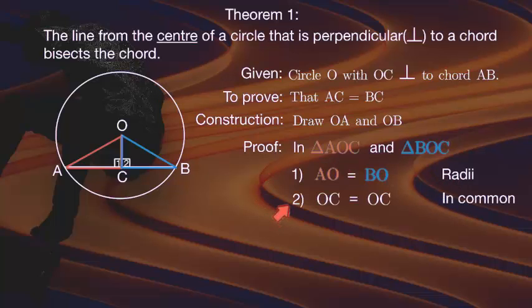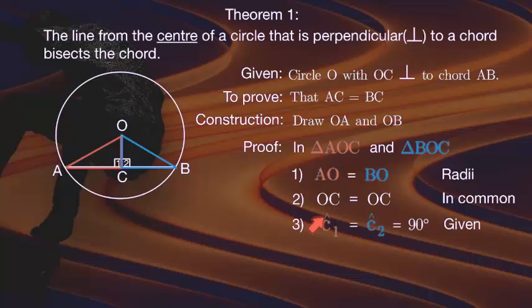Then the second reason for congruency is that OC in the red triangle is the same length as OC in the blue triangle, because they are both in common. Okay, so I can write down OC is equal to OC. My reason is that it is in common. And then my third reason is that C1 is the same size as C2, because both of these angles are 90 degrees.